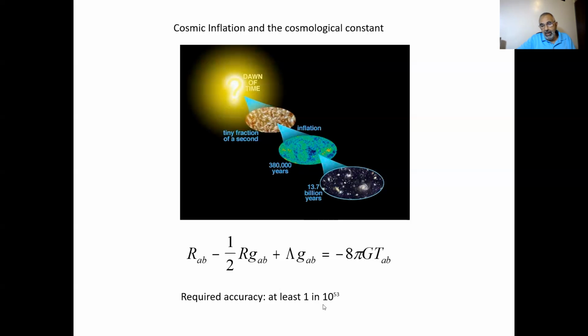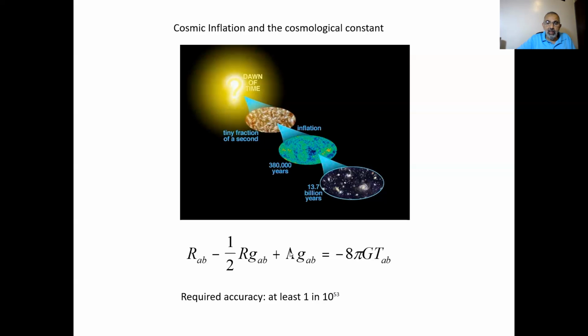And it turns out that, again, an amazing amount of fine-tuning, a required accuracy of at least 1 part in 10 to the 53. And this would be a conservative estimate of the accuracy of the cosmological constant.